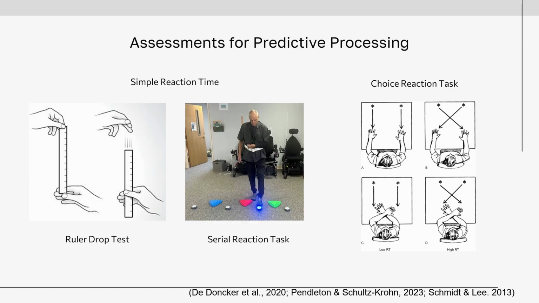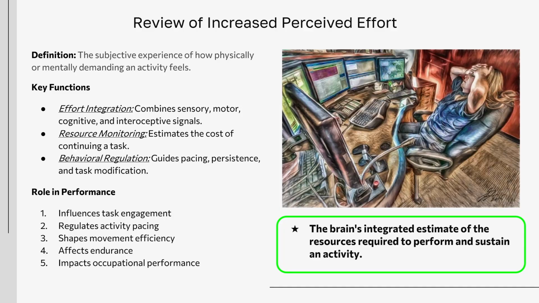And then the actual objective number matches, whether that's with the force effort with the dynamometer, during the choice reaction task, or if you're doing a functional task under functional observation under a time constraint, and seeing how they respond to it. Completing the task is one thing. The amount of effort and the amount of energy it takes from them is really what we're looking at when it comes to post-stroke fatigue.